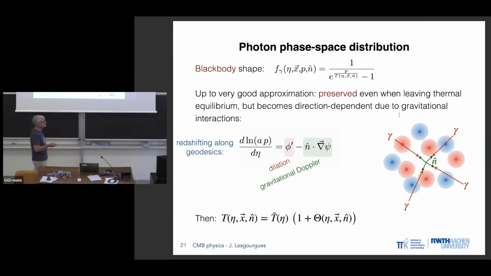So this will be the temperature anisotropy of the photon. And by definition, it has to be a function of time, space, and direction of observation.